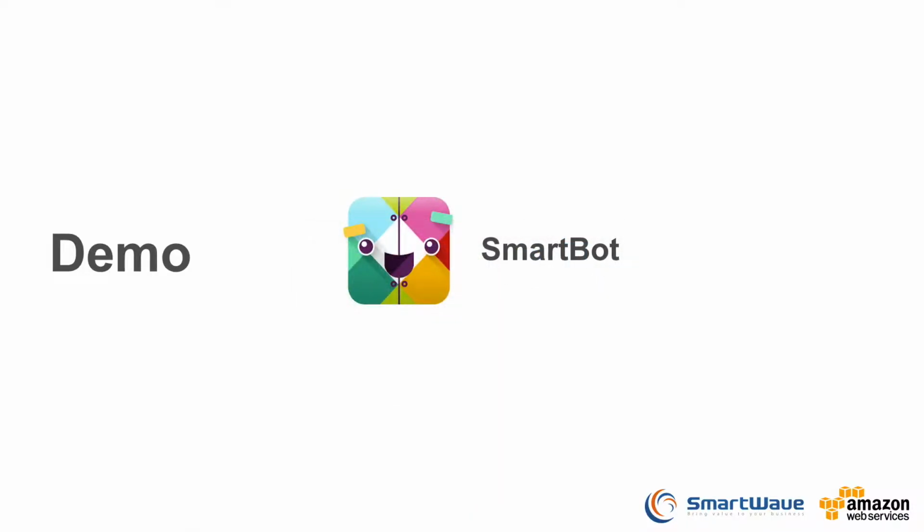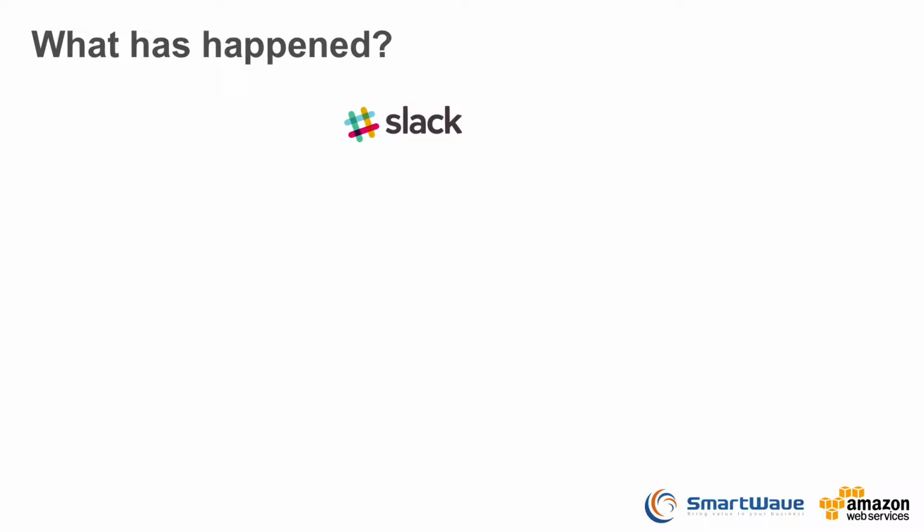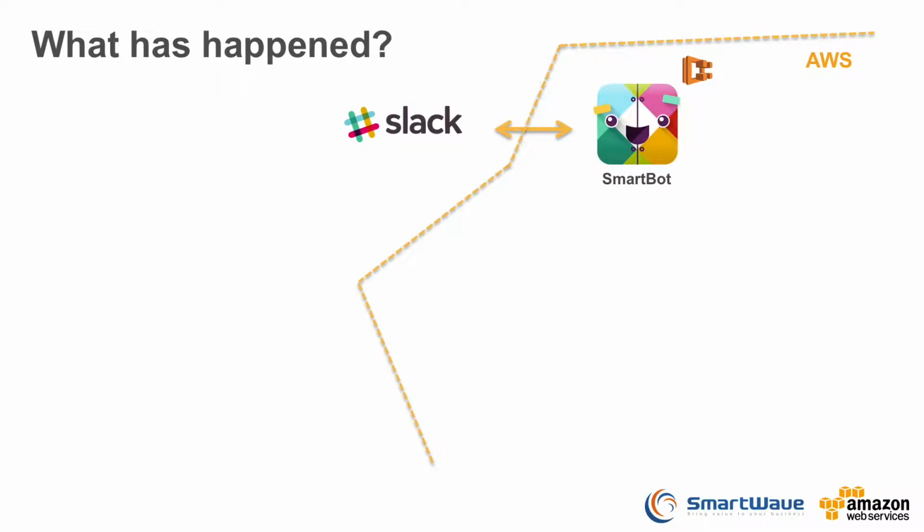So let's go back to our slide and explain what just happened. So first we connected ourselves to Slack. Slack is of course independent from Amazon. This is a chat system that is not owned by Amazon. The bot itself is running in a Docker container on an ECS cluster on Amazon.